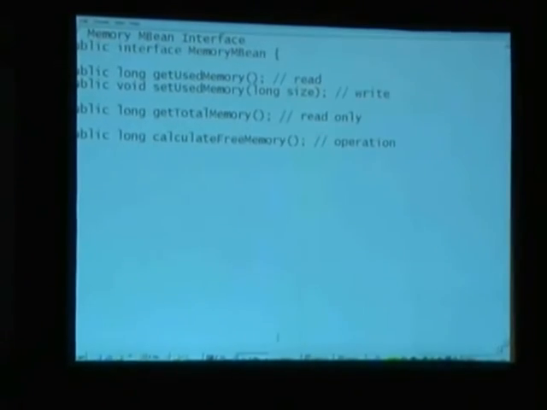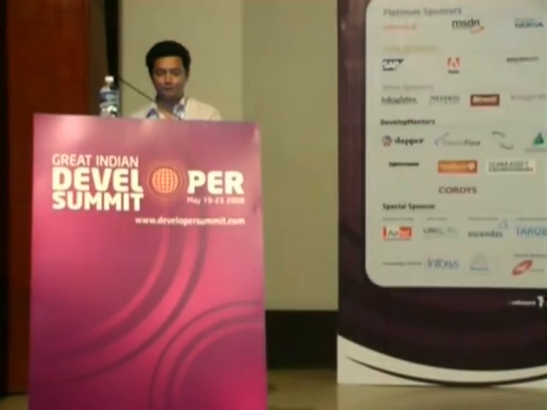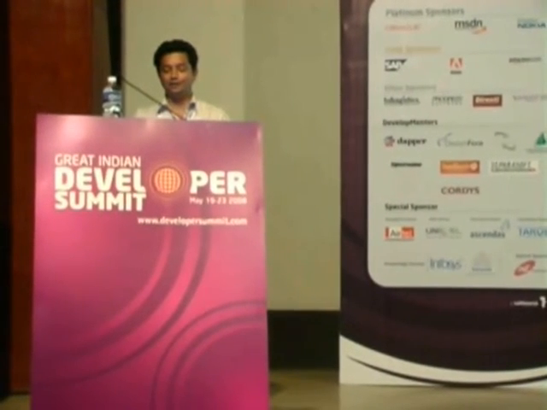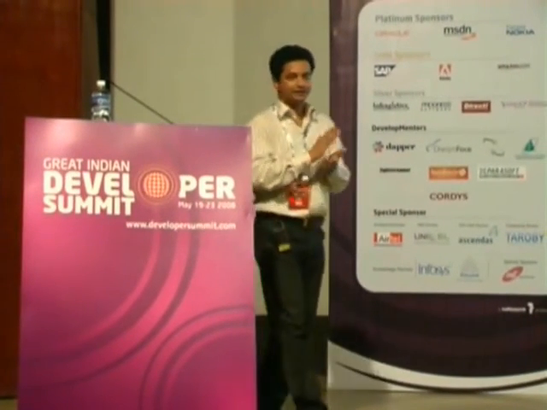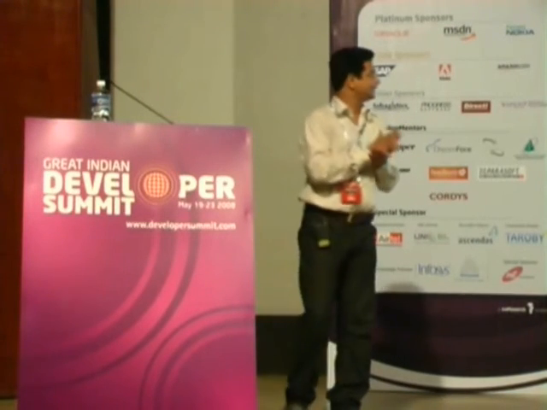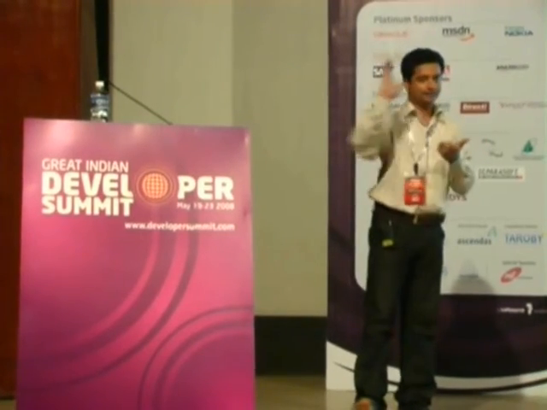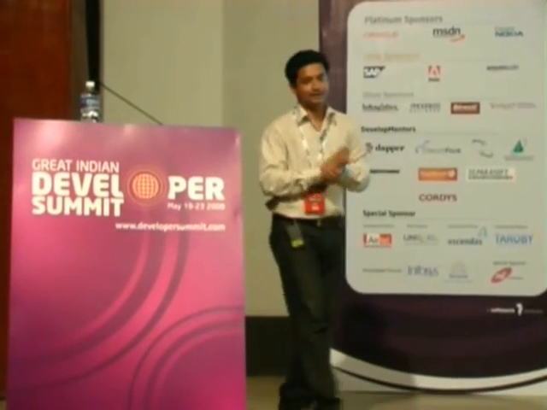Everything should be there, but they are not, because these are getter and setter methods. Get used memory is how you get the value of used memory here. So they are not operations, they are setters and getters of the attributes, so they are not displayed separately.